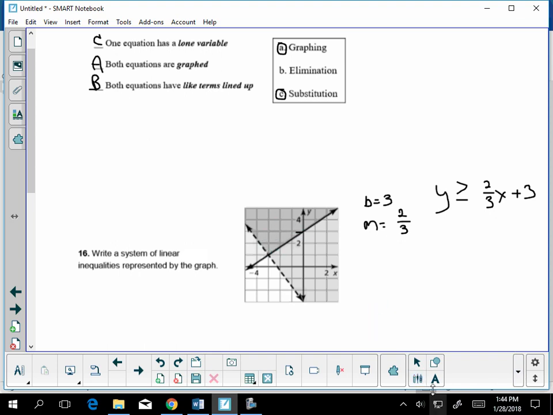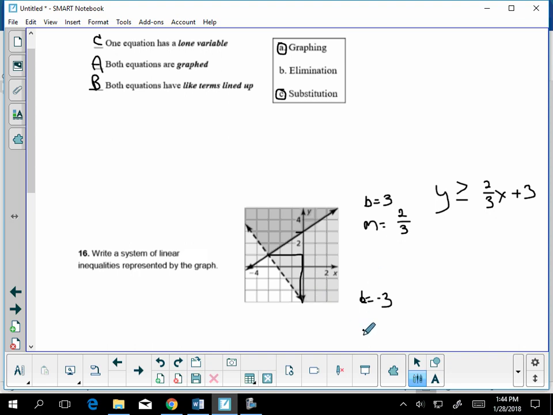Now let's do the next one, the dotted line. Right away I notice it's got a negative slope. So my y-intercept is negative 3. And my slope, it looks like I'm going up 1, 2, 3. Let's see. I counted wrong.